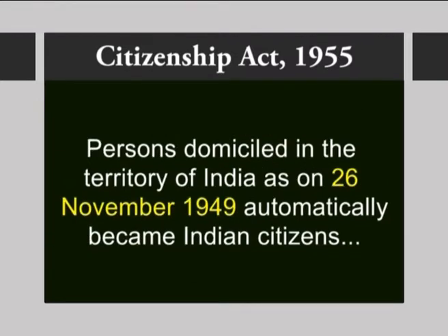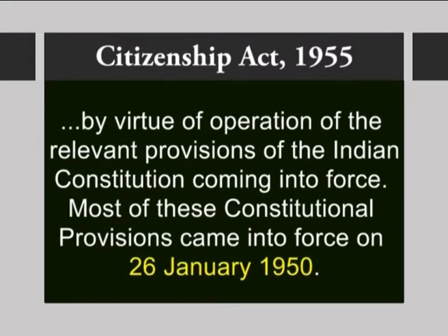Persons domiciled in the territory of India as on 26 November 1949 automatically became Indian citizens by virtue of operation of the relevant provisions of the Indian Constitution coming into force. Most of these constitutional provisions came into force on 26 January 1950.